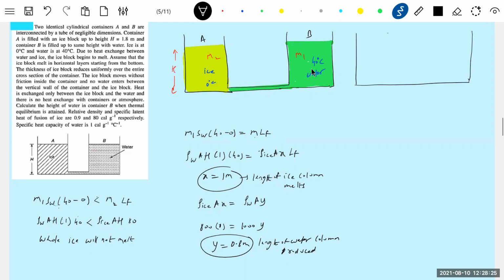How to proceed after this? So some ice got melted. Some water will be present here. And what is the temperature of water now? 0 degrees Celsius. The level of water will rise.